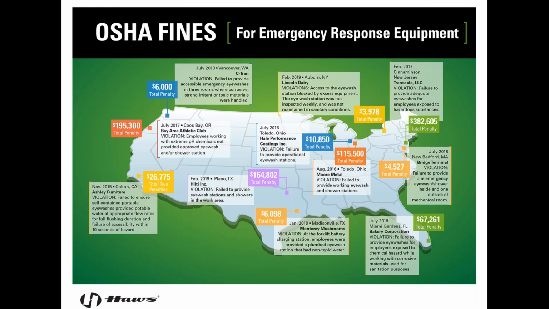So for instance, that Bay Area Athletic Club, they probably had a pool or something similar on site, and they did not provide an emergency eyewash or shower station to protect their employees from extreme pH chemicals. This was probably a repeat violation due to the large number that you see there, 195,000. But the fines vary pretty wildly depending on how serious it is and whether they've had to warn you before.